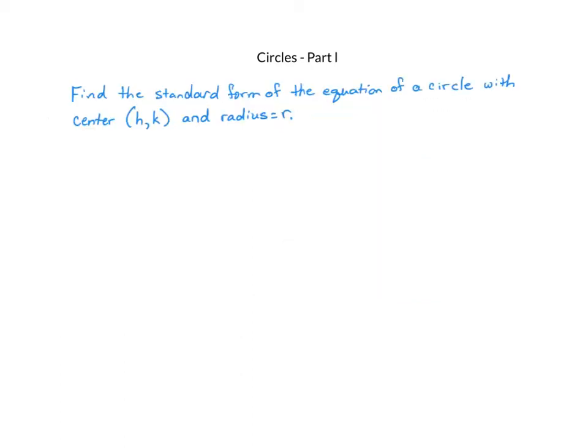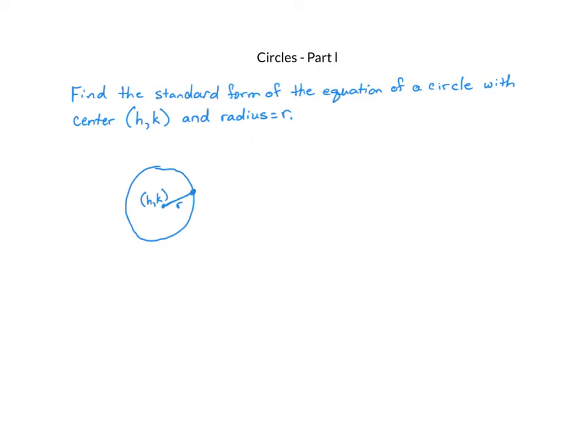Now let's do that same problem in general. In other words, we're going to find the standard form of the equation of a circle with center h, k and radius r. So let's let this point be our center, and here's our circle. Oops, doesn't look very circular, but it will do. This is the point h, k, and this distance is r.